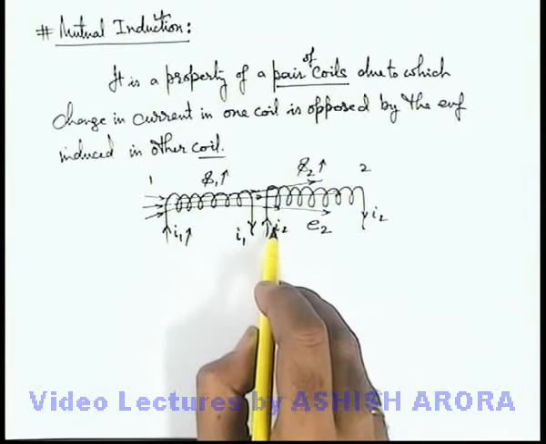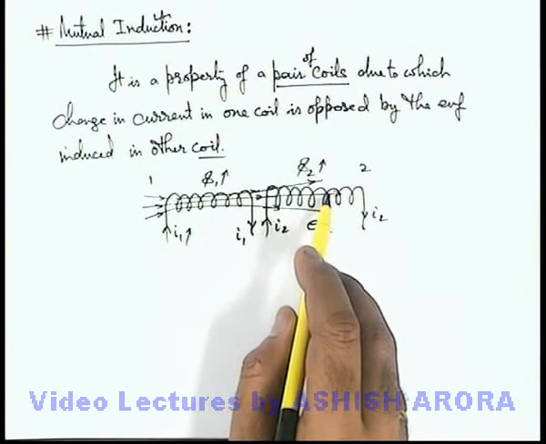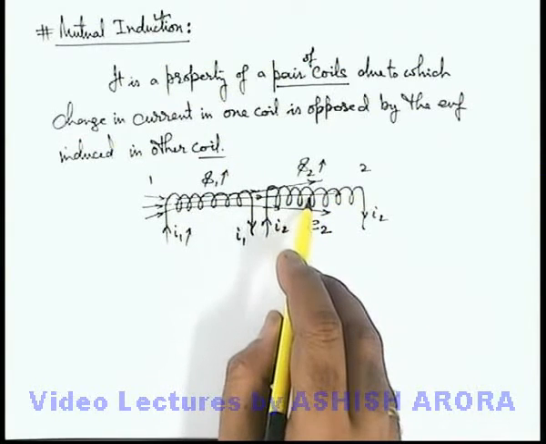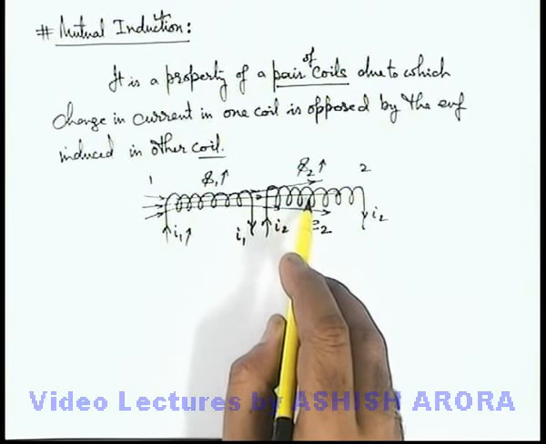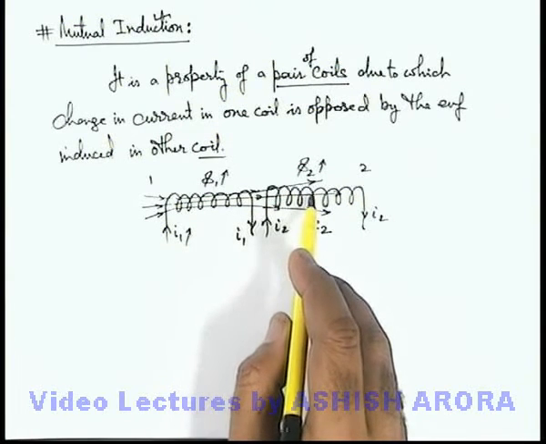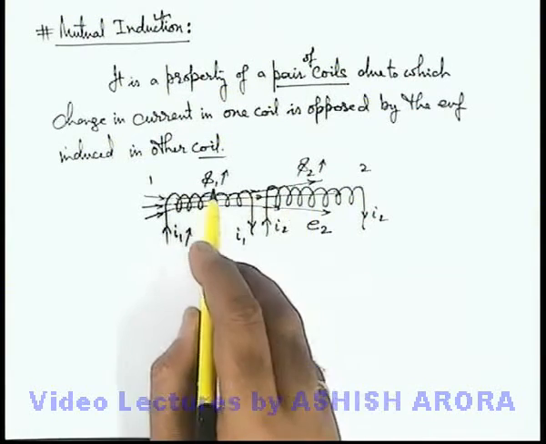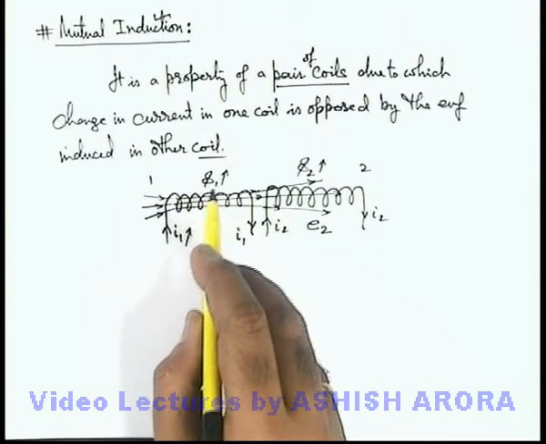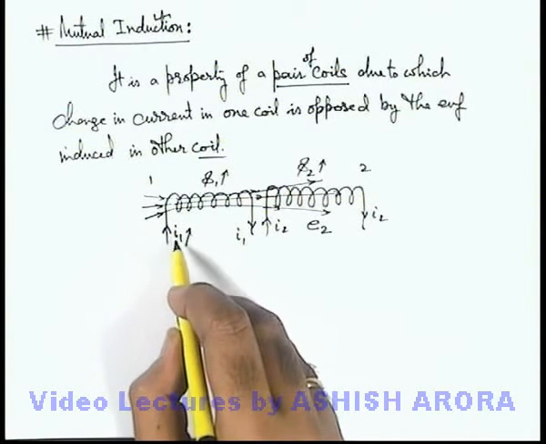Depending on this direction, we can say a magnetic flux will also be developed in the second coil, and it should be in such a direction that it will oppose the cause of induction, which is the change in the flux of first coil, or indirectly the change in current in first coil.